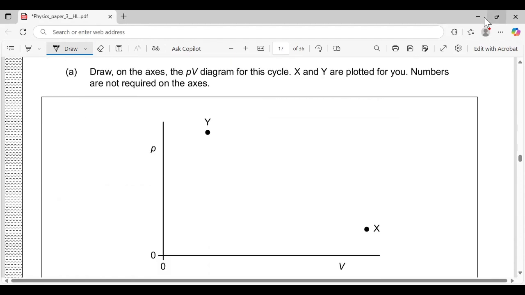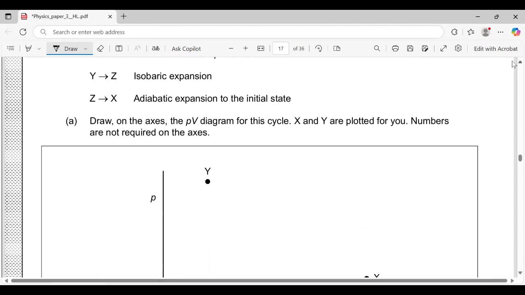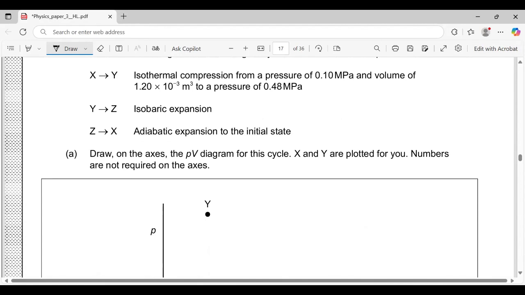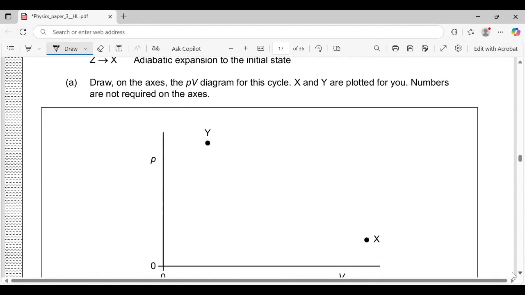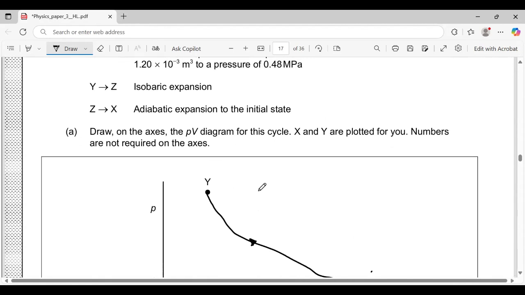Right. First, from X to Y, isothermal compression. Isothermal compression means the curve goes inward, like this, from X to Y. The curve inward, the direction from X to Y. And after that, Y to Z is isobaric expansion.